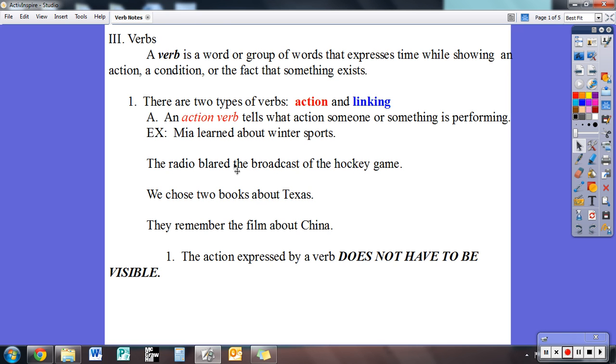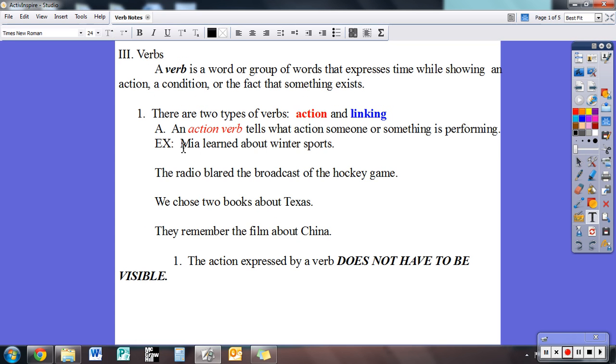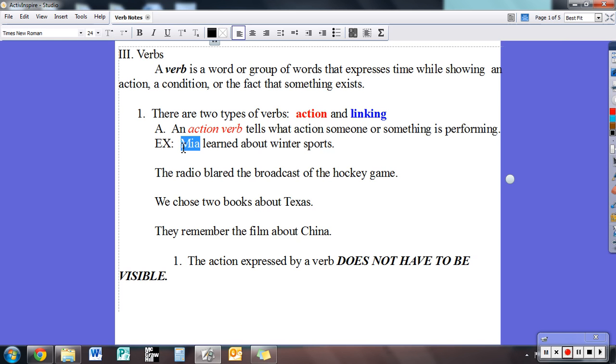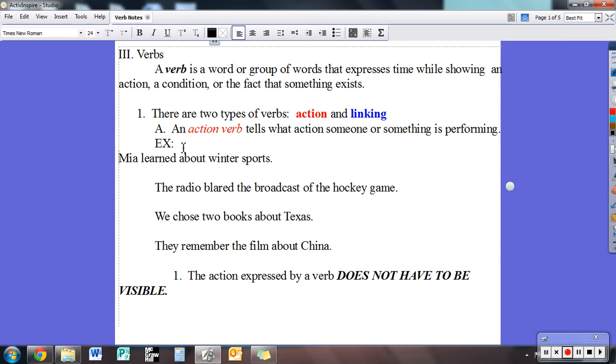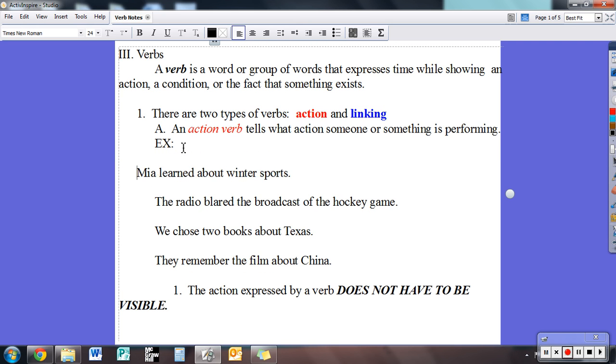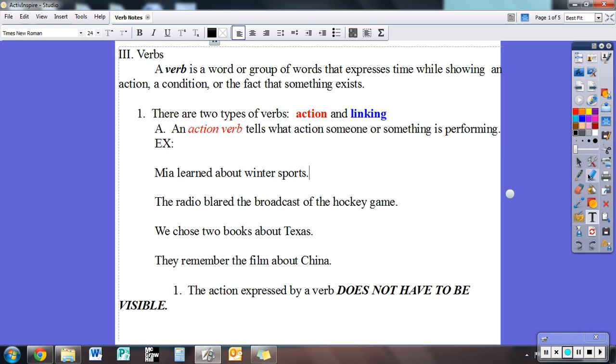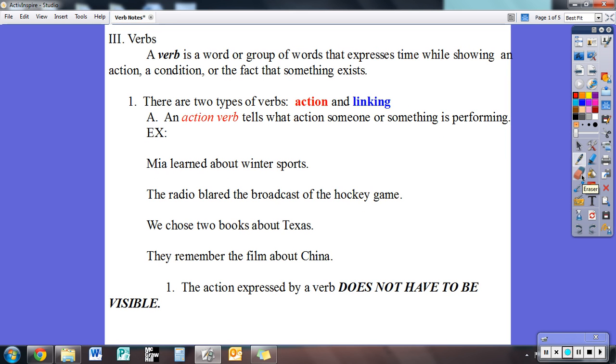So what we're going to do is we're going to look for the action verb. I'm actually going to fix this so we have a little bit more room to work. Okay, so it says Mia learned about winter sports. What we really need to focus on is we've got to find what's the subject, what's the sentence about, right? What's the simple subject?